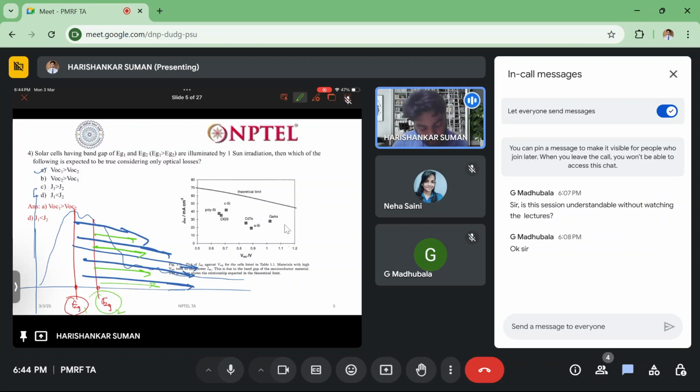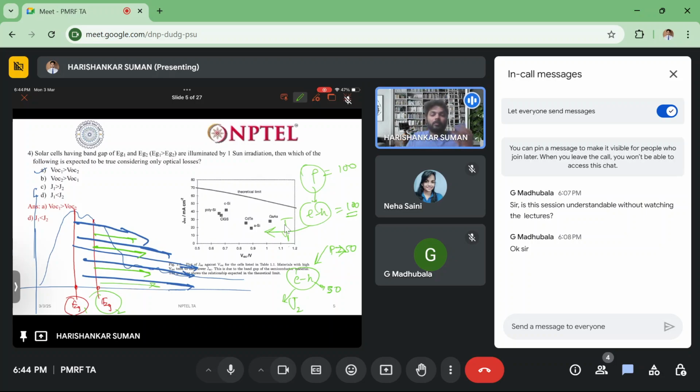If the number of photons is higher, then the electron hole pairs will be higher. Incident photons, let's say 50, then 50 electron hole pairs. If the photons are 100, you get 100 electron hole pairs. So current will be higher according to the electron hole pairs: J2, J1.